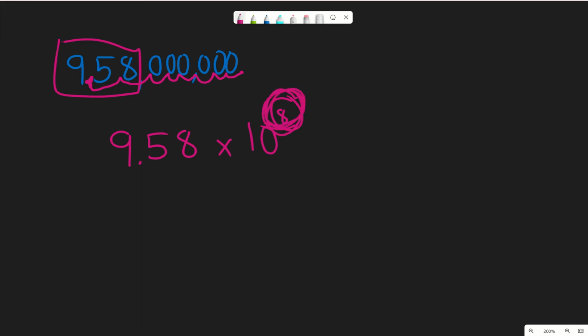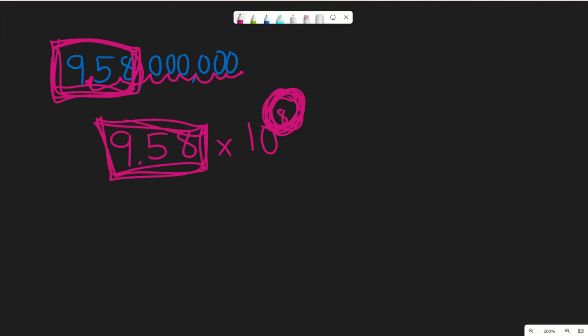My power tells me how many times I move my decimal. All that decimal moving comes from my power here. And then my digits all stay the same. This 958 is going to stay the same. And I always move my decimal in between my first two numbers because I need it to be less than 10, more than 1.